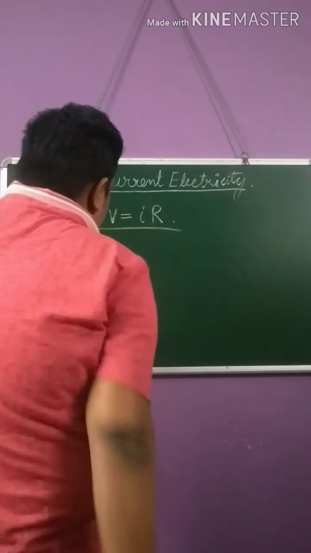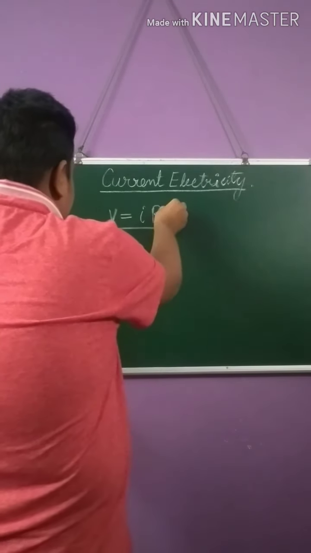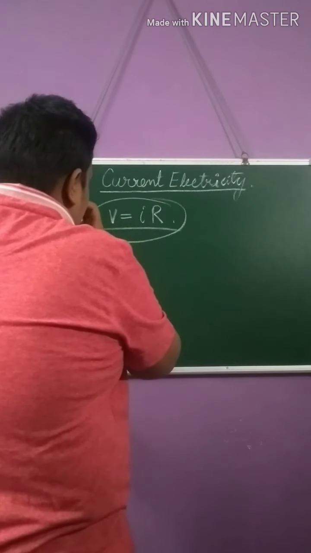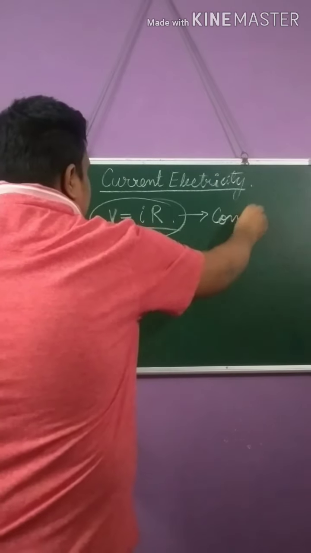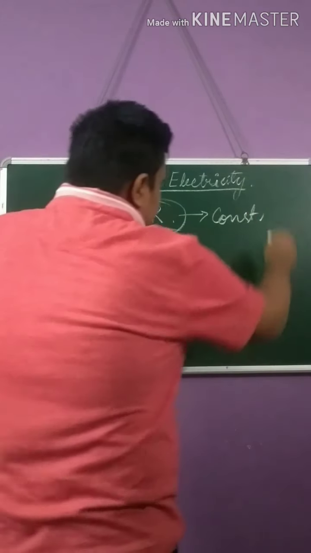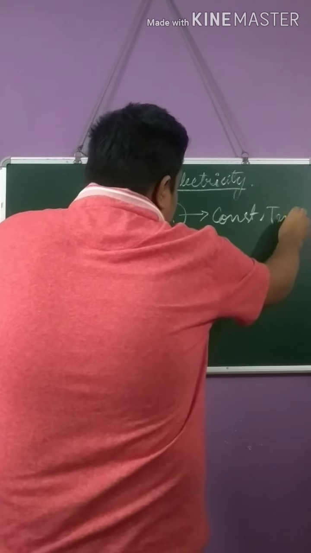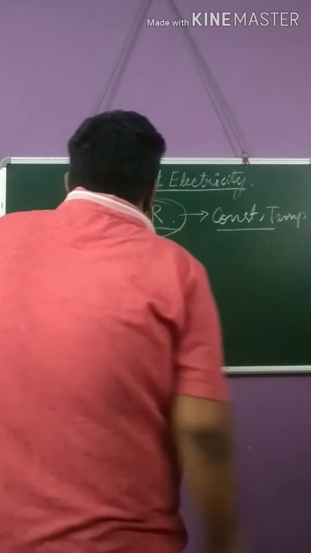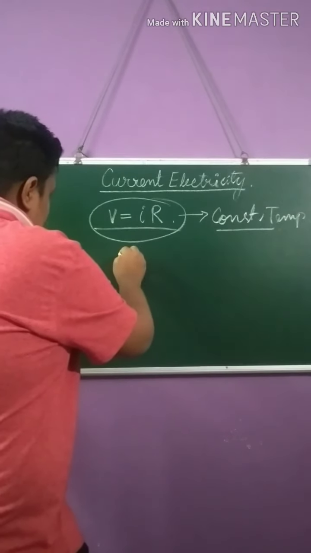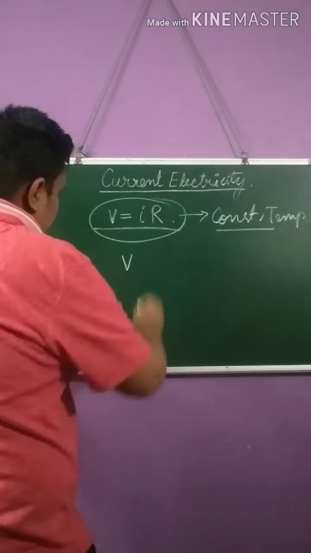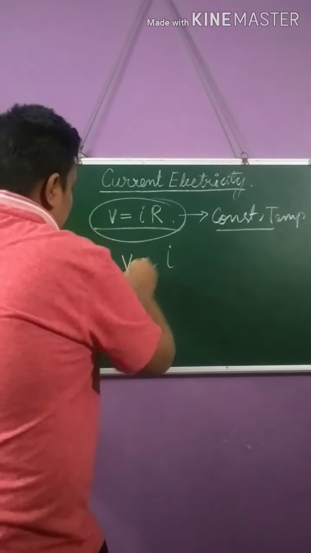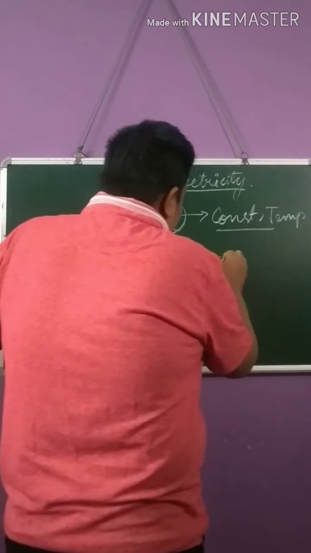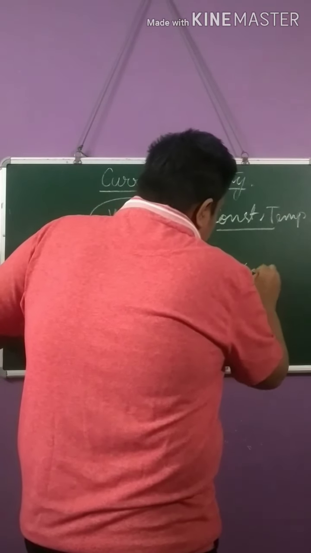Now the most important thing in this law is that it is valid only at constant temperature. The potential difference will be directly proportional to the current only when the temperature is constant. Why?